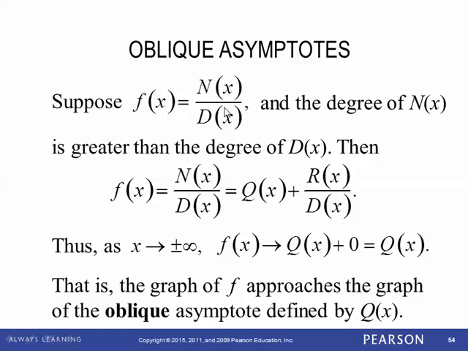And so when do oblique asymptotes happen? The degree of the numerator is greater than the degree of the denominator, and I forgot to put it in here, by 1.